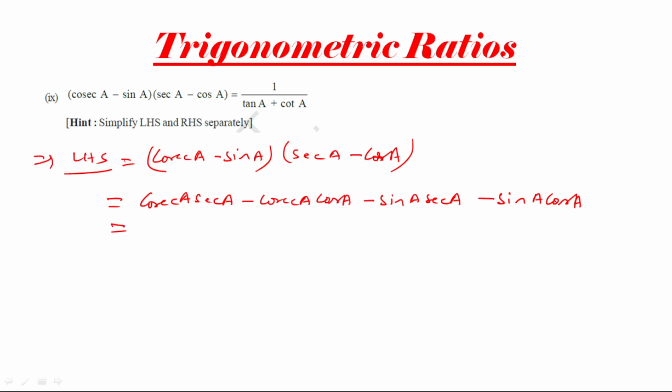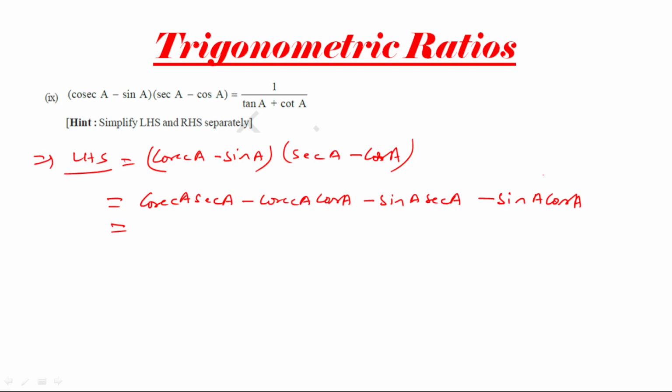So cosecant A secant A can be written as 1 by sin A cos A. Okay, cosecant A cos A. Similarly, sin A secant A is there and sin A cos A.